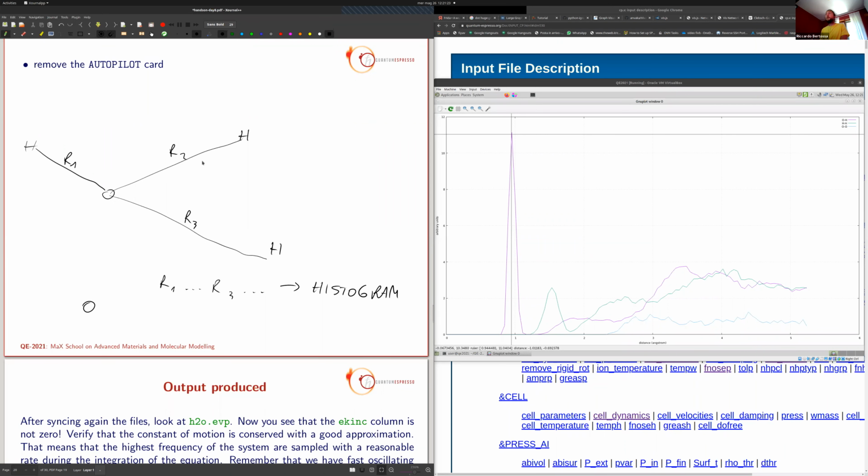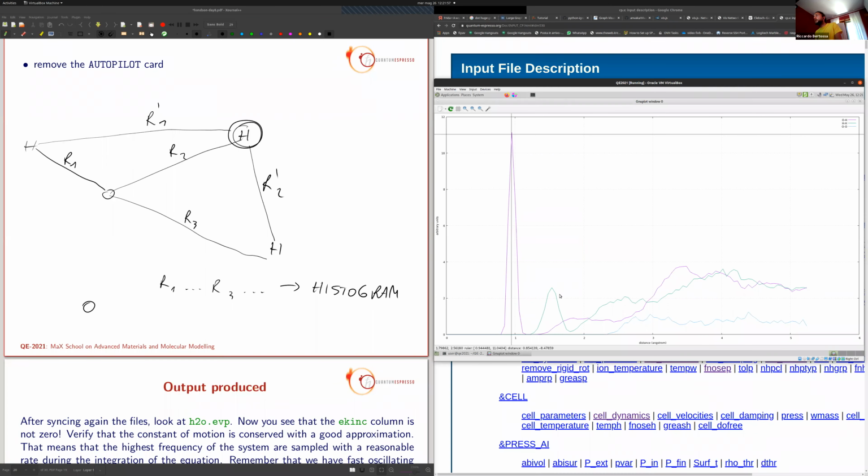If I do the same, but I keep, for example, a central hydrogen atom, then I compute the distance of other hydrogen atoms with respect to this central hydrogen atom, and I will have another set of distances, prime 1, prime 2, and a lot more, and I will have this plot here, the hydrogen-hydrogen pair correlation function.